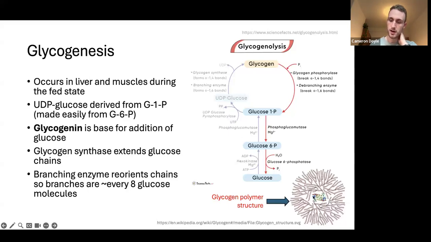It starts from a central polypeptide molecule called glycogenin. And you're producing the 1 to 4 glycosidic bonds and the 1 to 6 glycosidic bonds as well, every 8 glucose molecules or so, which allows for this nice branch structure.